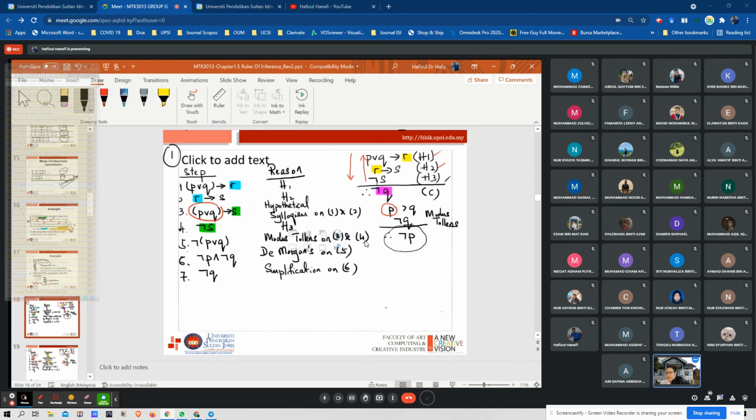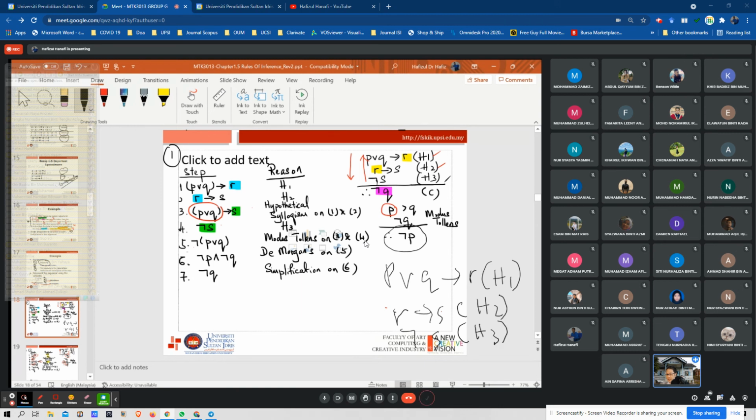Okay, we have P or Q implies R is hypothesis 1. R implies S is hypothesis 2. And then negate S is hypothesis 3.